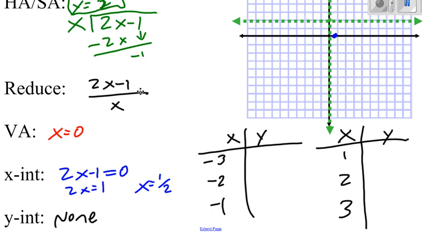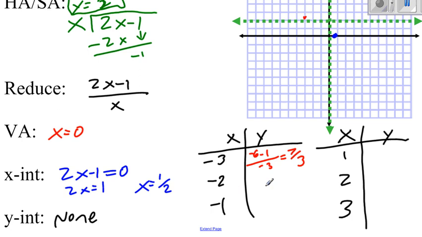So our function's written right here. We can plug it into that. 2 times -3 would be -6 minus 1 over -3. So it's -7 over -3, 7/3, just over 2. So at -3, it's just over 2.